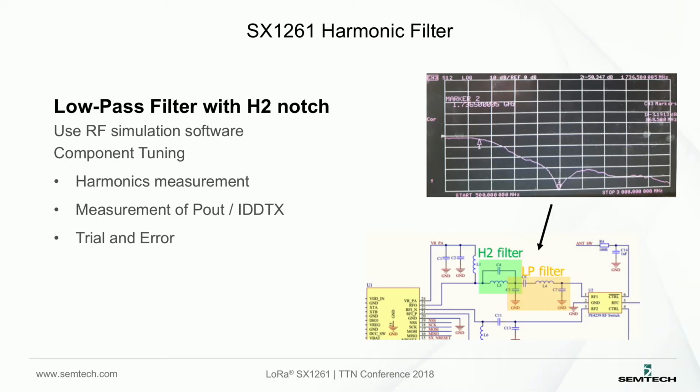Finally, if you put everything together, we have this kind of behavior here. You recognize the low pass filter and the notch here. Once more, if you are lucky, you just reuse your simulation software, put the components, and it works. Otherwise, you have to fine-tune.